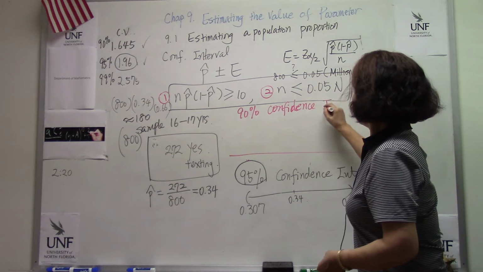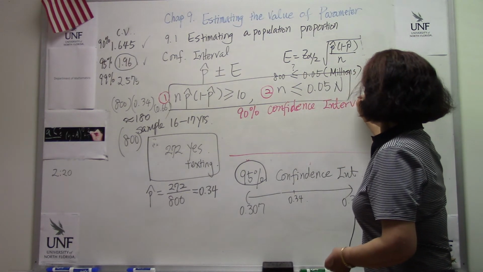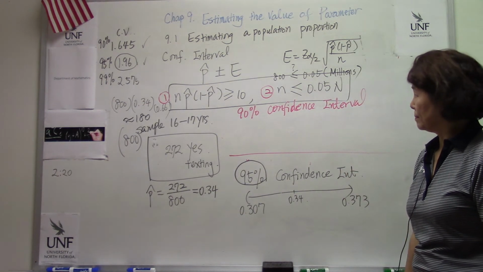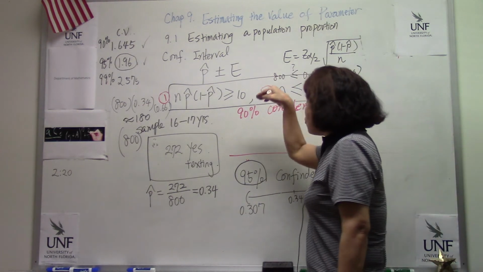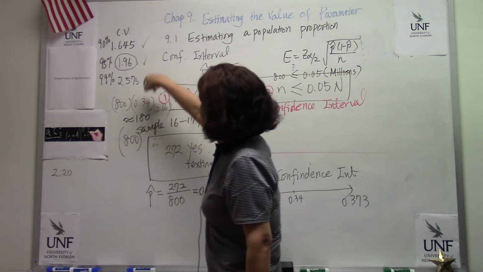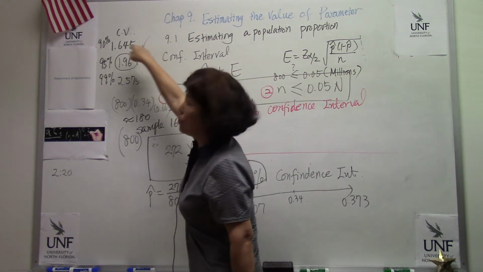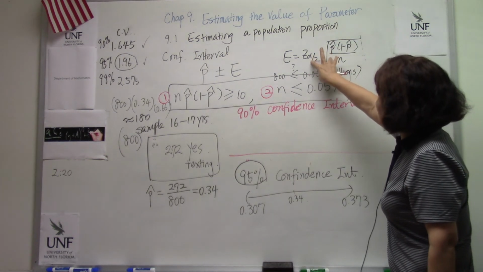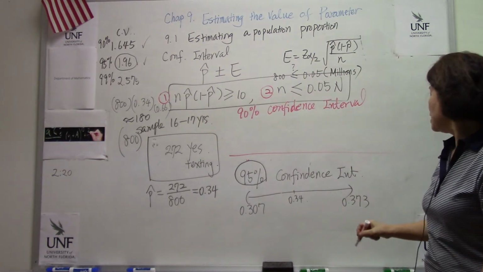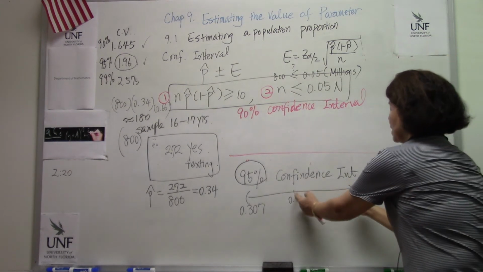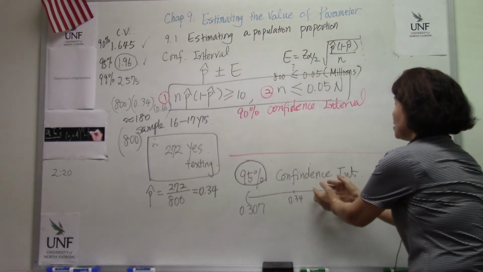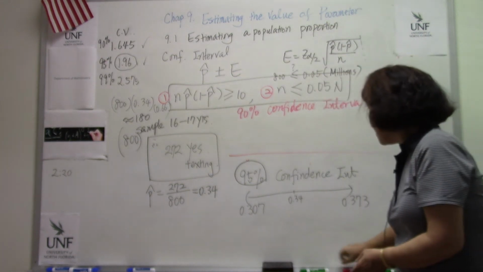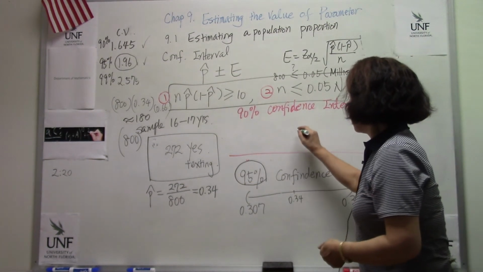Number one, is it going to be wider or narrower than this? When you lower the level of confidence, the critical value also goes down, so it is going to be a smaller number. Therefore the margin of error is going to be smaller. So the interval is going to be from here.